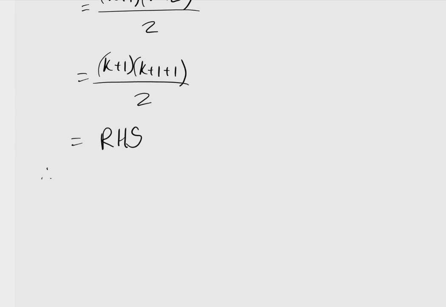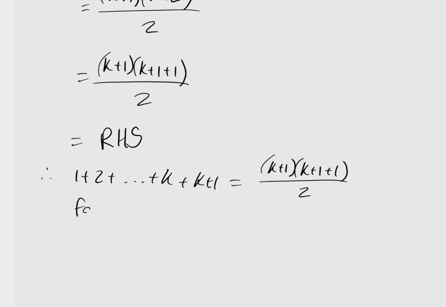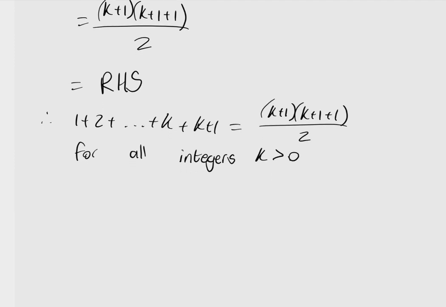Therefore 1 plus 2 plus up to k plus 1 is equal to (k plus 1)(k plus 1 plus 1) all over 2, for all integers k greater than 0. You could say, I guess, for any integer k equal to 0. I don't know.